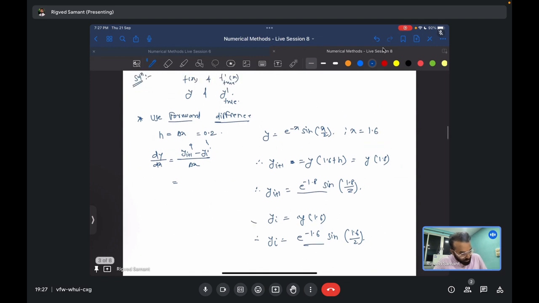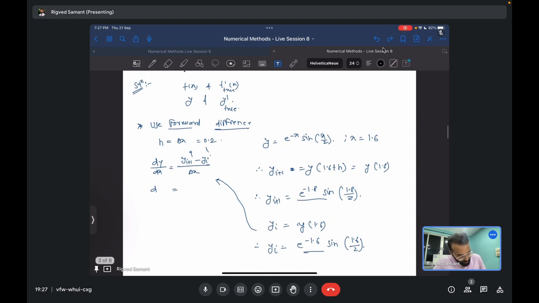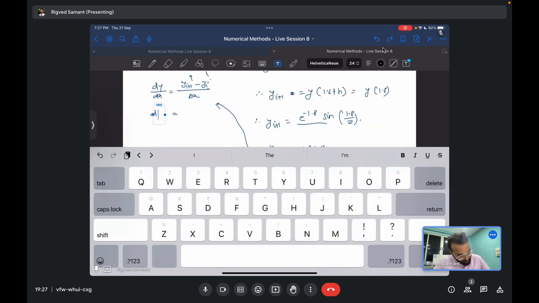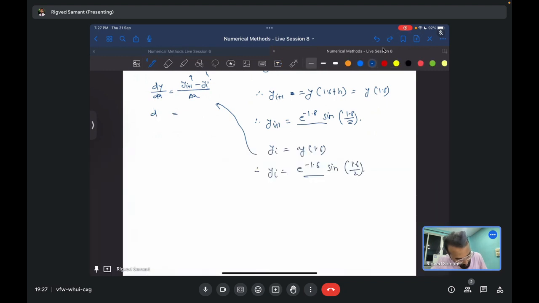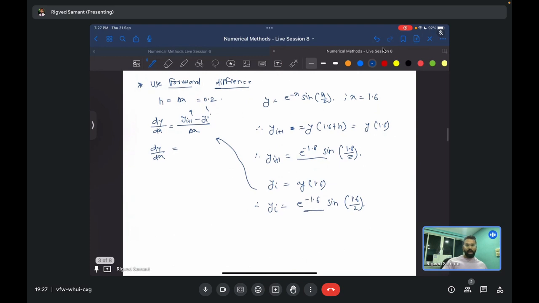If you plug these into this equation, you will find dy by dx. Any doubt in this?